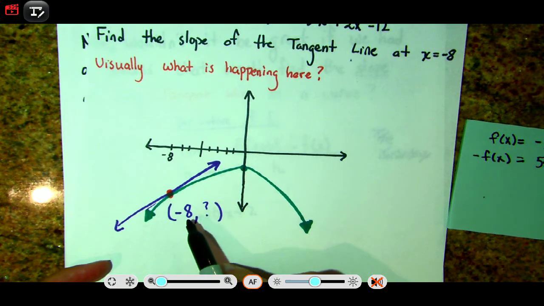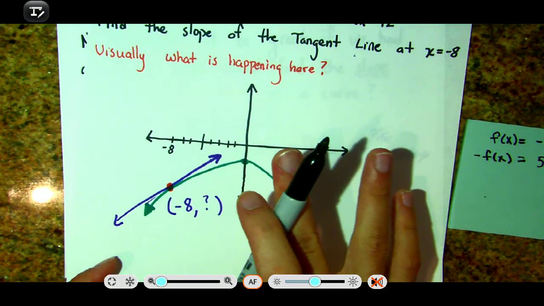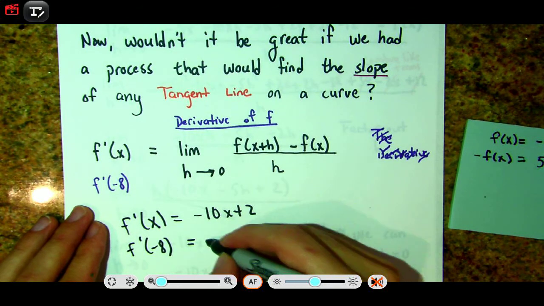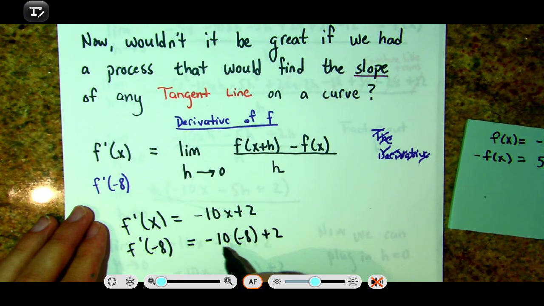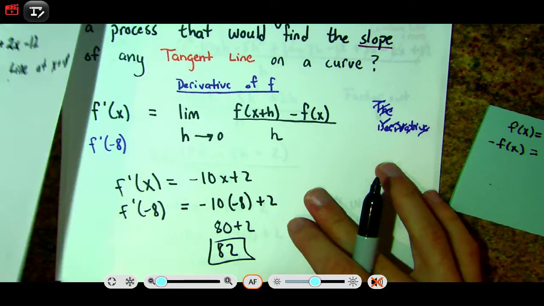That takes time to fully get. Okay, so now if I just plug in negative 8, this is negative 10 times negative 8 plus 2. So negative 10 times negative 8 is 80, plus 2, so 82. Positive 82 is the slope of this line at this curve.